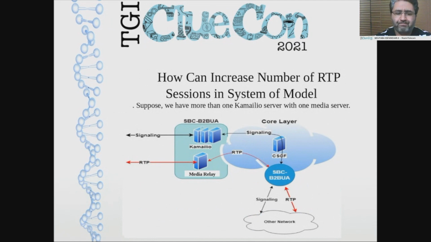So, how can we increase the number of RTP sessions in the system of our model? For example, suppose we have more than one Kamailio server in the network, and we want to use just one media relay.